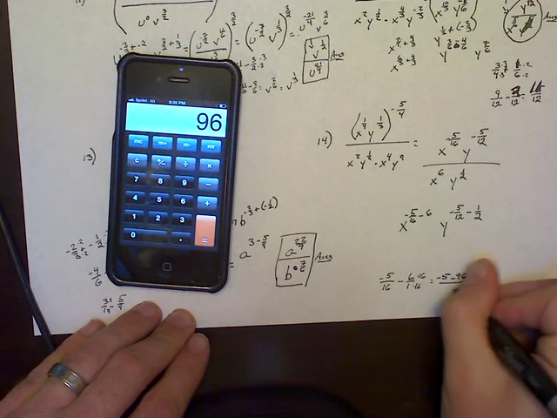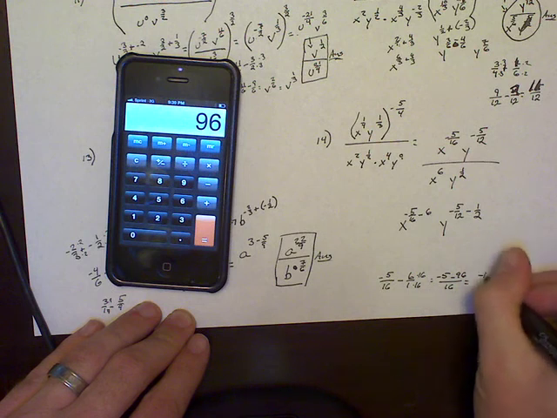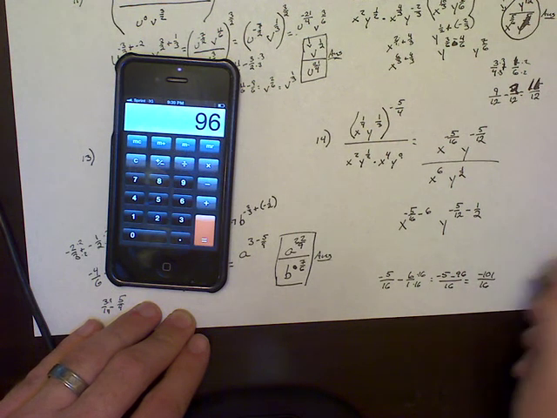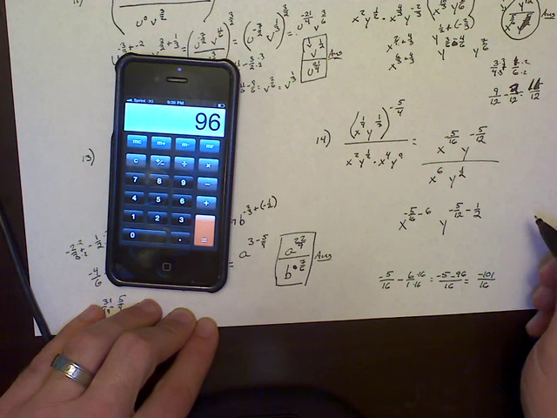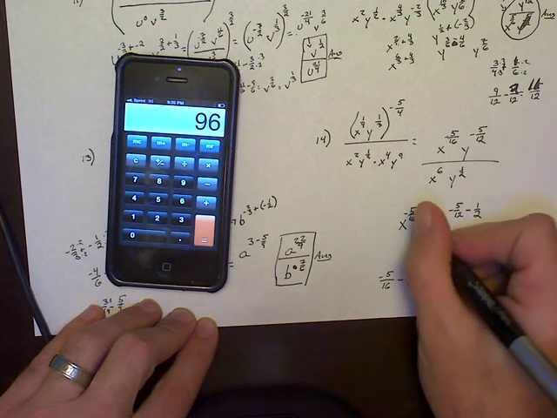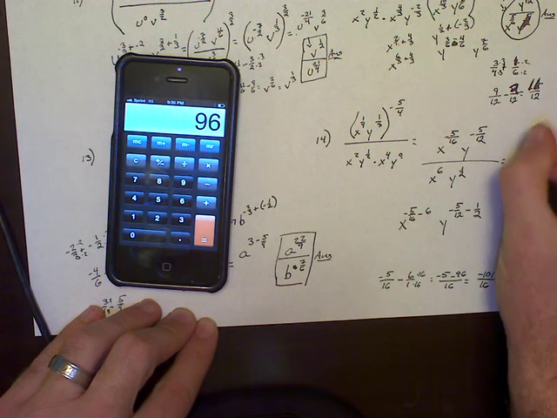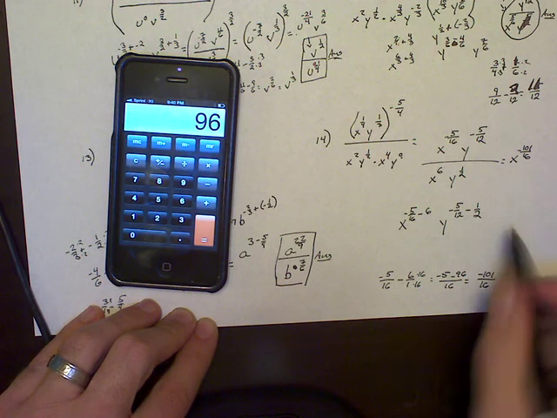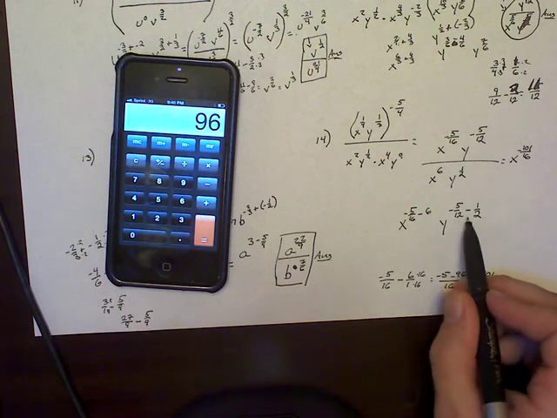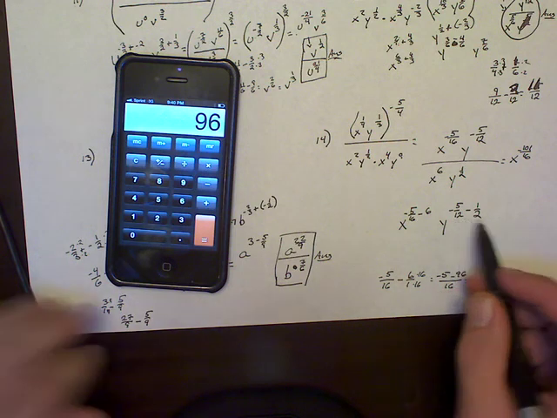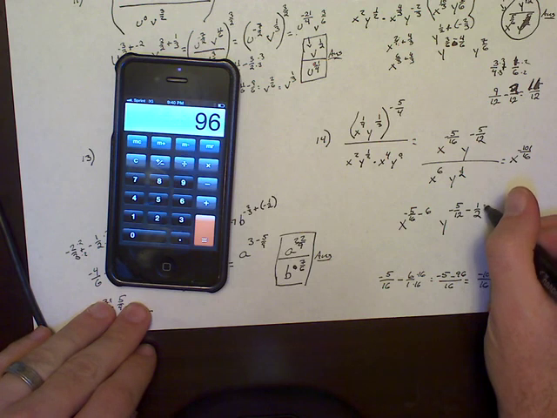Now we gotta simplify that. So we gotta multiply top and bottom by 12, which is actually a little easier. So negative 5 over 12 minus 12 over 24.